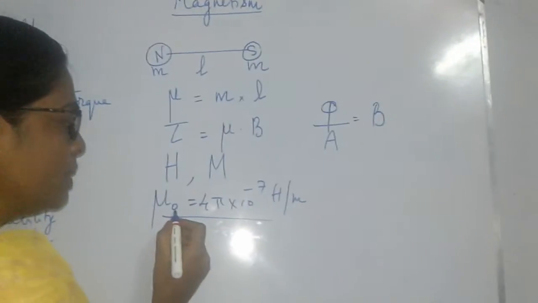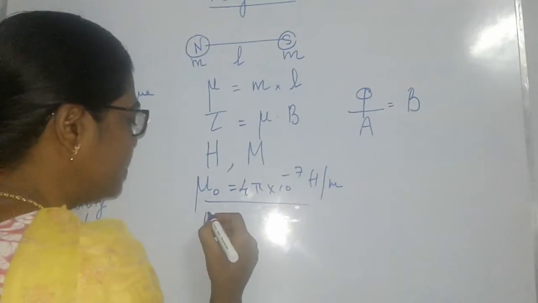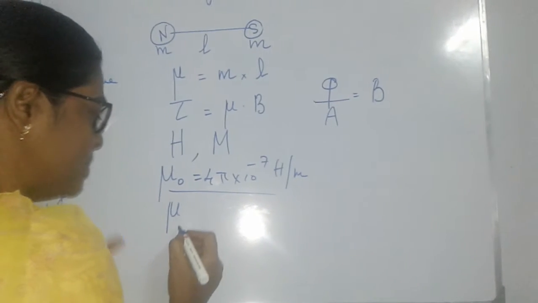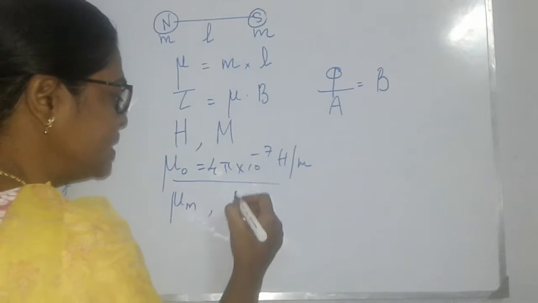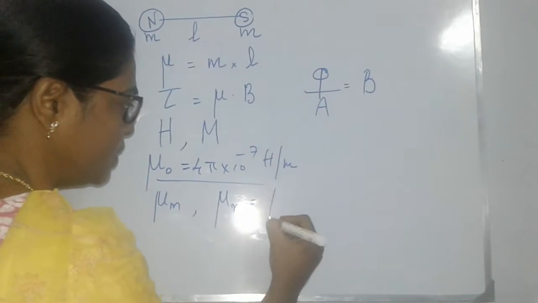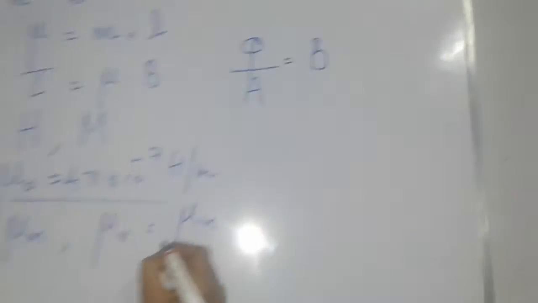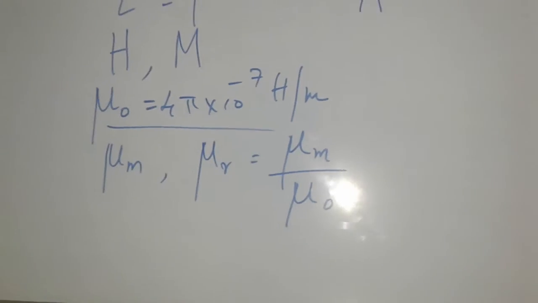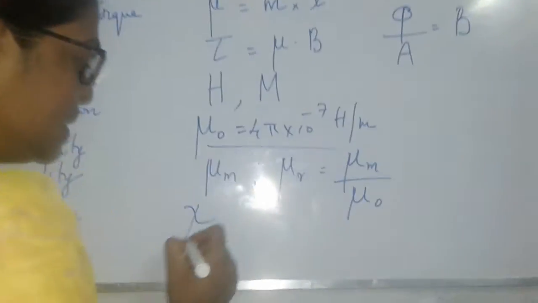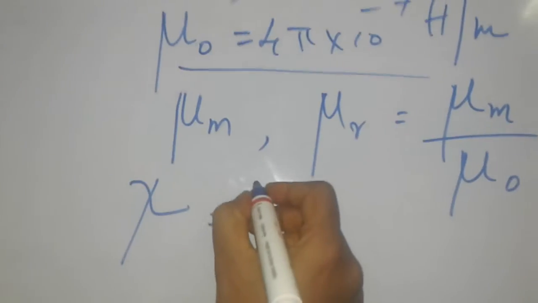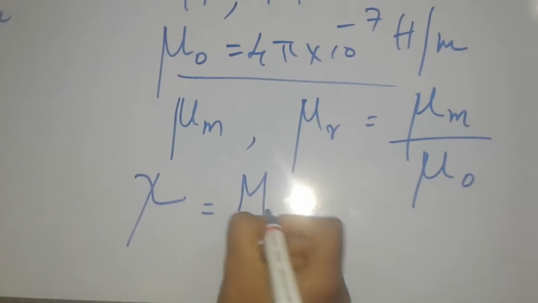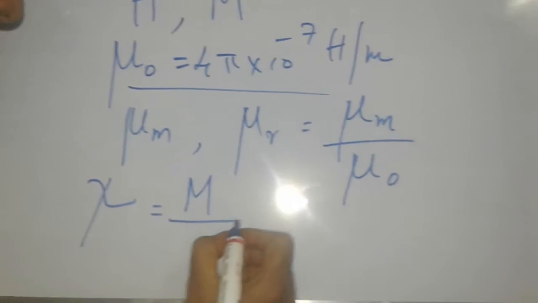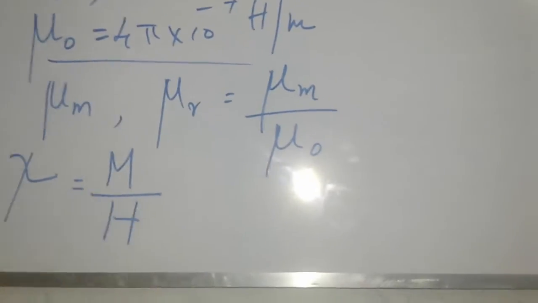This is the permeability of free space, and there is the permeability of a medium, and the relative permeability is the ratio of the permeability of the medium to the permeability of free space, and this has no unit. Coming to susceptibility, susceptibility chi is a measure of magnetization happening inside the material per unit applied external field.